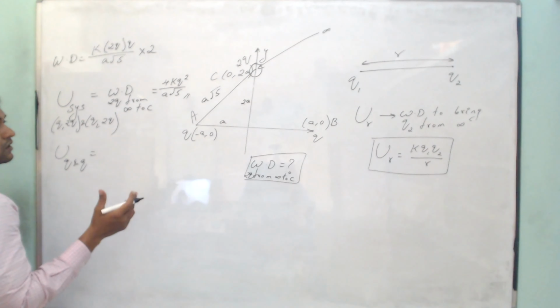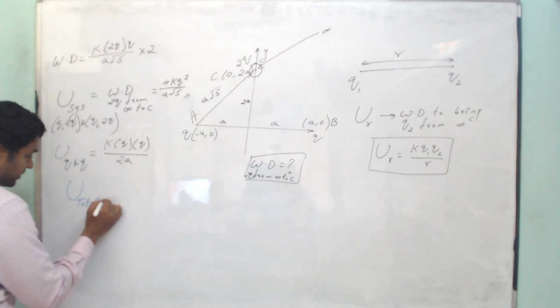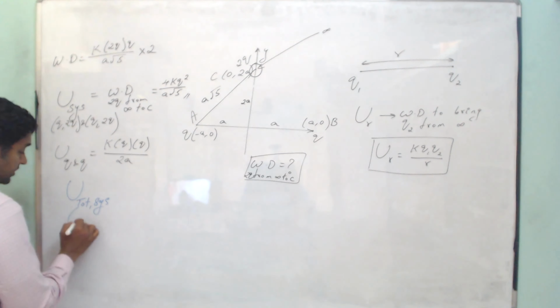Just an extension of this, since we are already done with our question: I can say the total potential energy of the system, the entire system. Who all are there in the system?